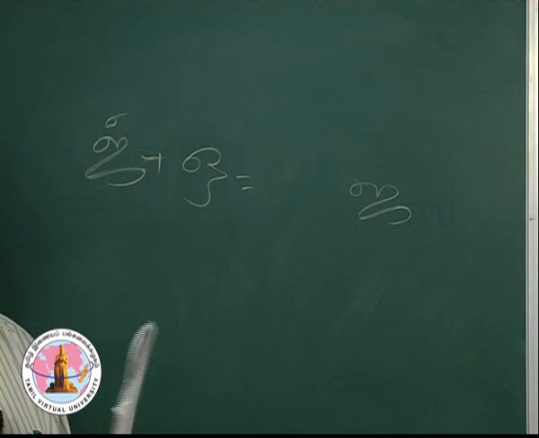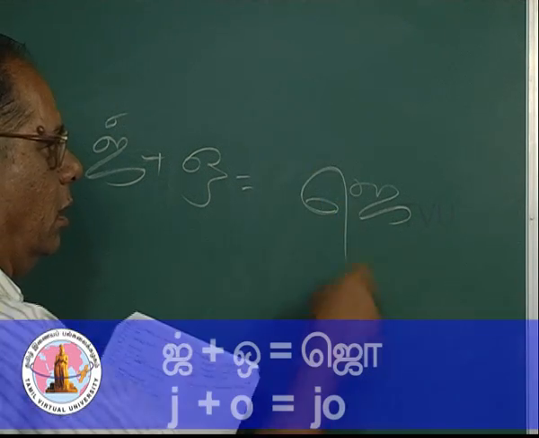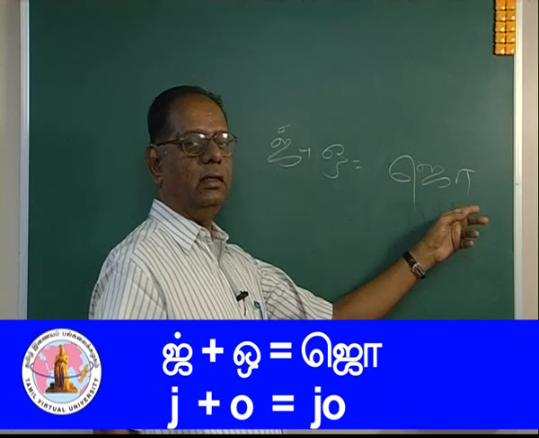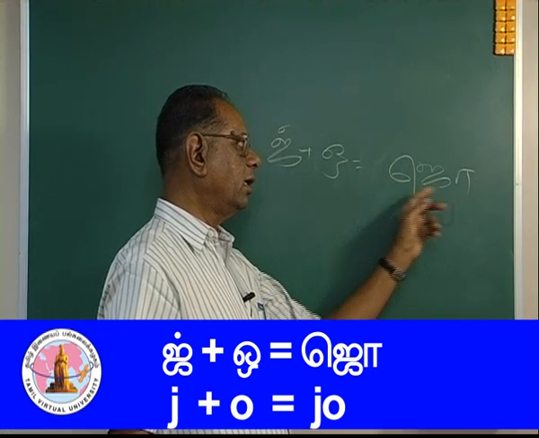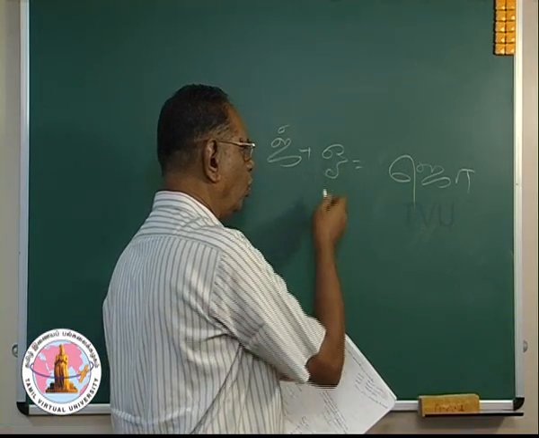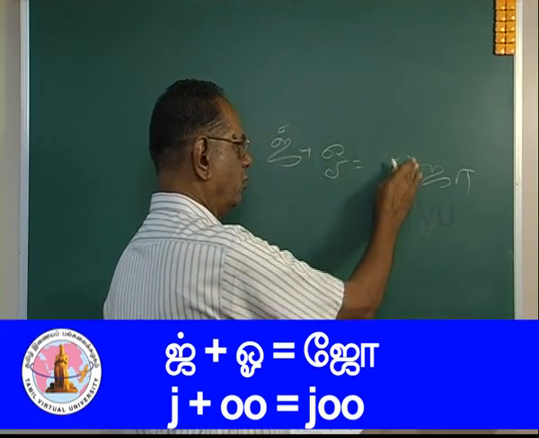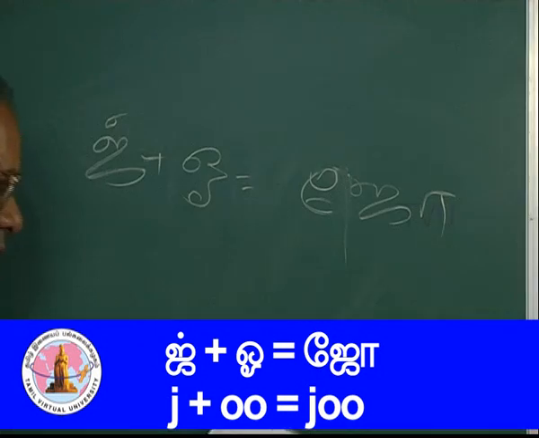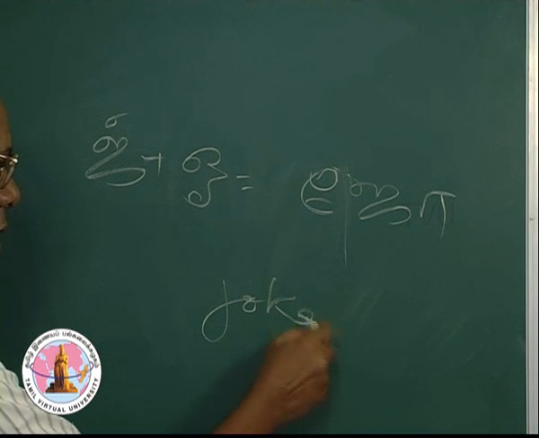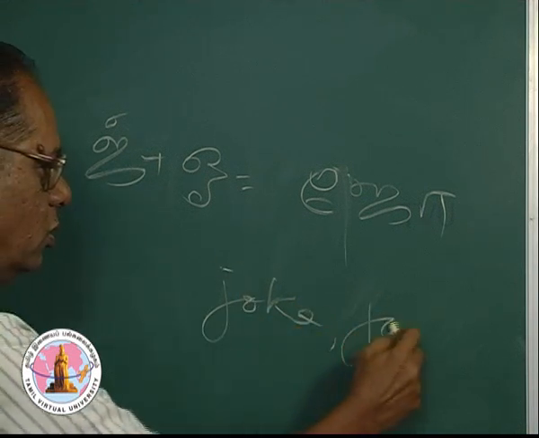Then follows O, and the marker is the A marker and O marker put together, Jo, and the long vowel is O, and this becomes O, as you have in joke or jolt.